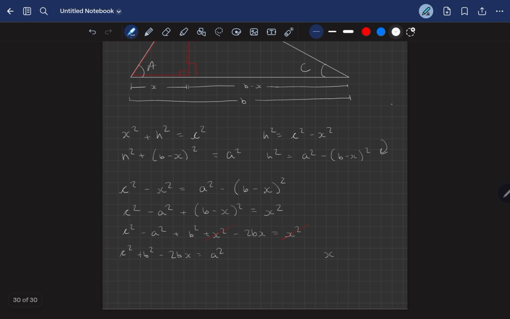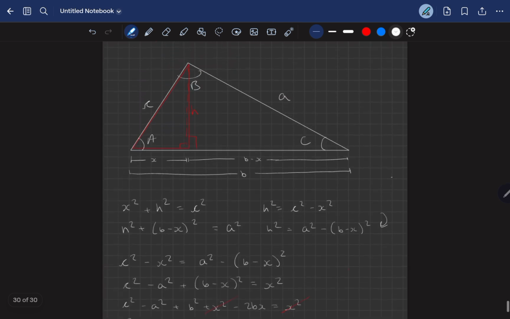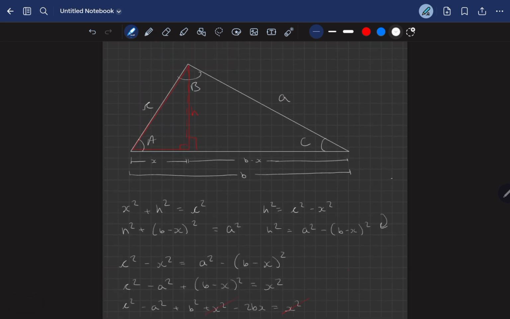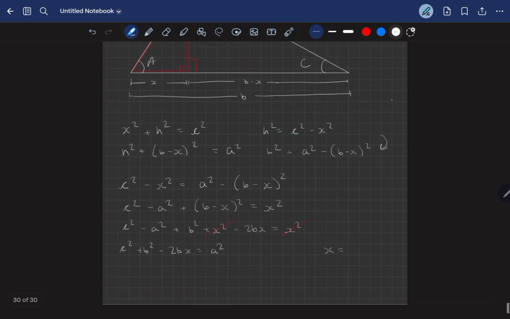Now, what is the value of x? We look over here. We know that x is equal to c times cos a this time, because cos a is adjacent over hypotenuse, which is x over c, and we times c to both sides, we get this. So let's substitute that in.